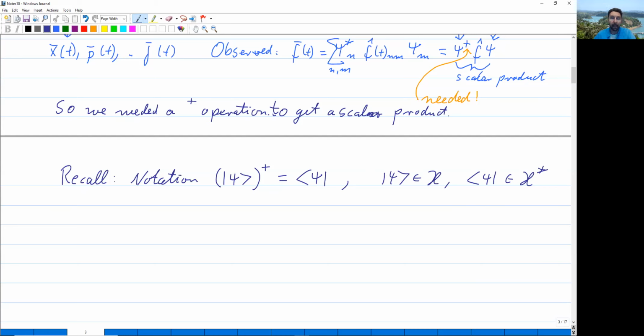Now, having added Hermitian conjugation and an inner product to our complex vector spaces, we obtained a pre-Hilbert space.